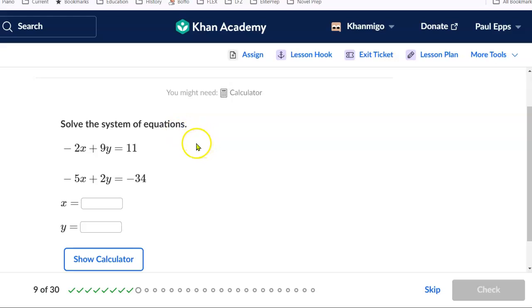Let's just multiply this first equation, both sides by 5. And we'll get negative 10x plus 45y equals 55.